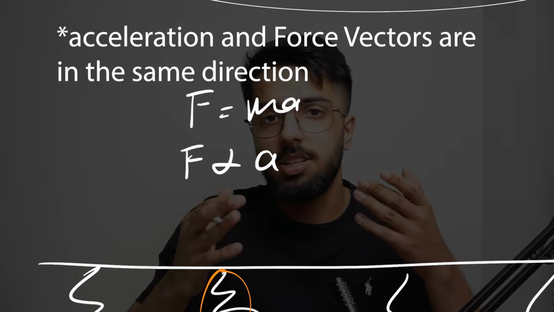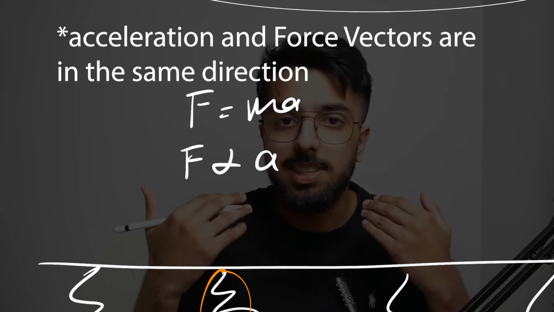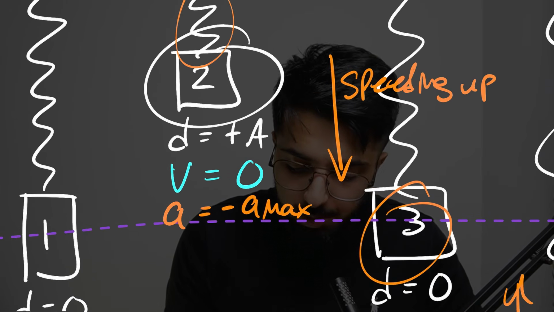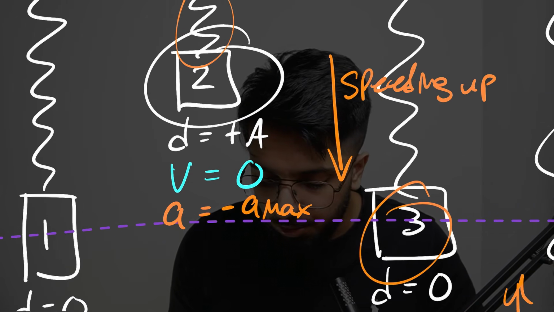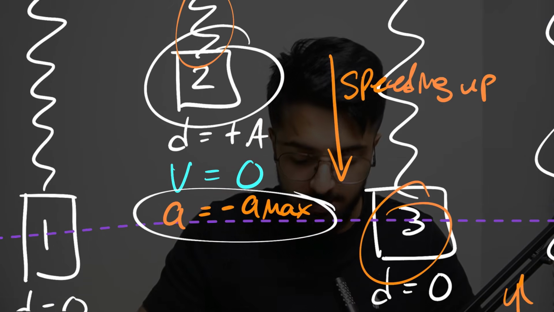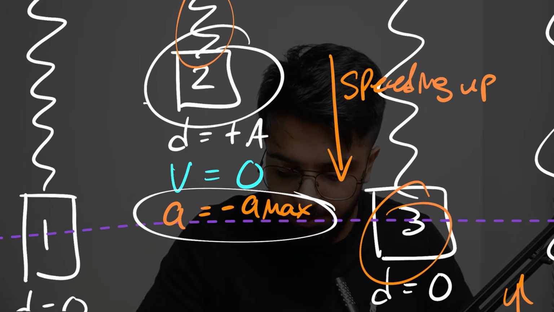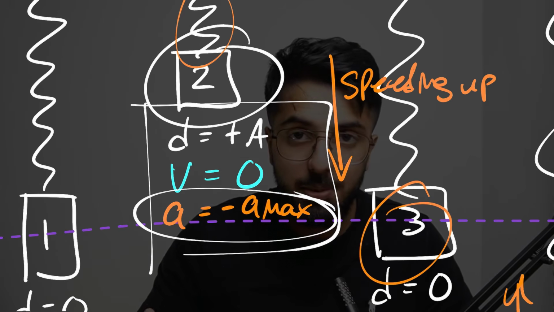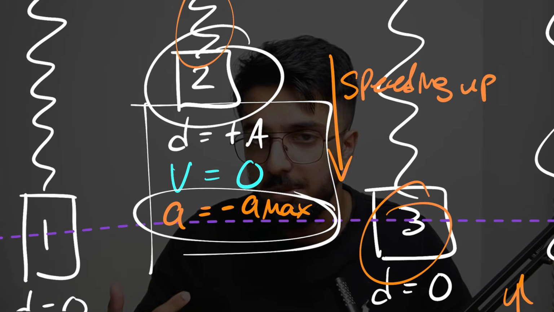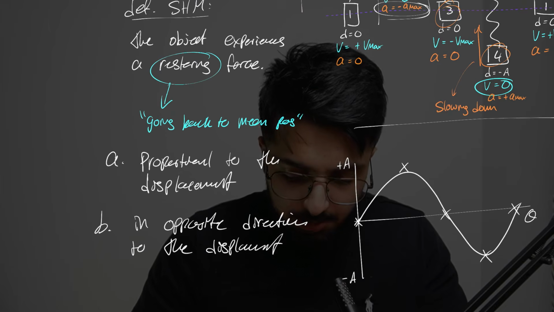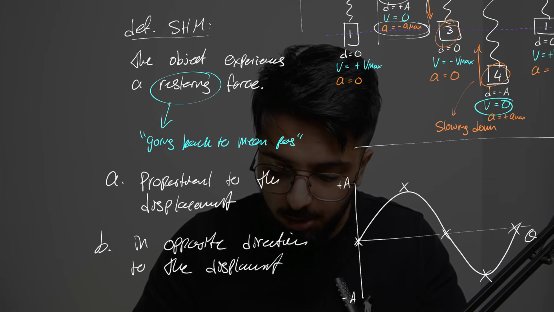So our acceleration and our force vectors are going to be in the same direction. So we can see here, when we are positive max displacement, our acceleration is a negative max. And so you can see, just by simply looking at this, that our displacement and our acceleration are in the opposite directions. Okay, so that's our definition of simple harmonic motion.